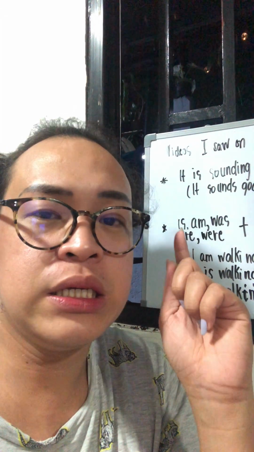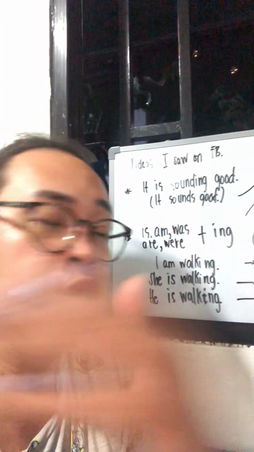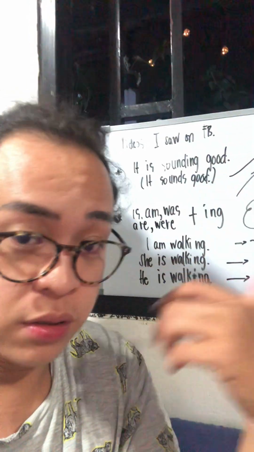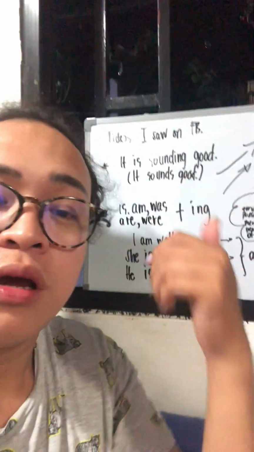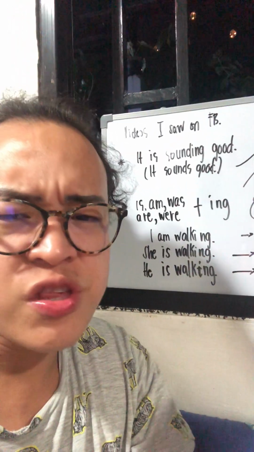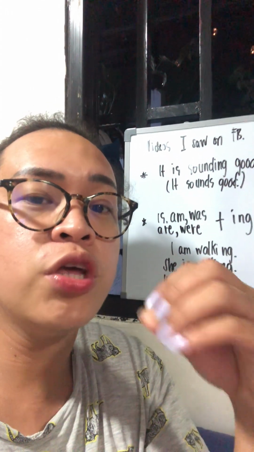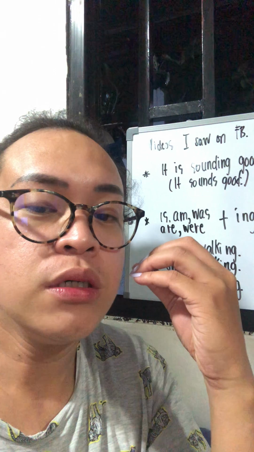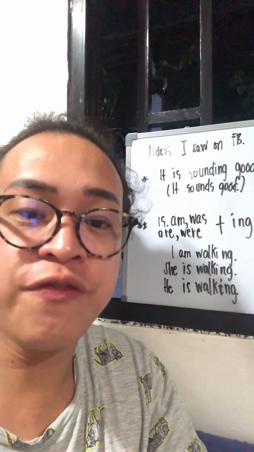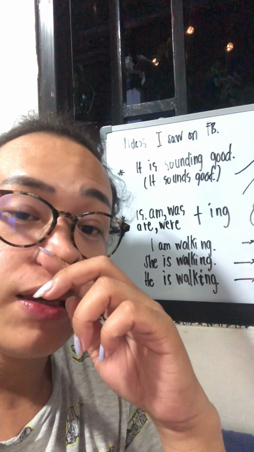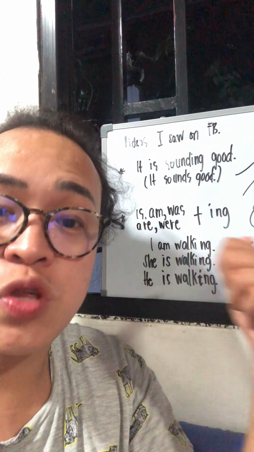So I cannot blame the uploader if he's not aware of these stative verbs, but I'm telling you now, "it is sounding good" is correct in terms of structure, but if you're going to abide by the rules of using stative verbs, that's gonna be wrong. All right, because it should be "it sounds good."